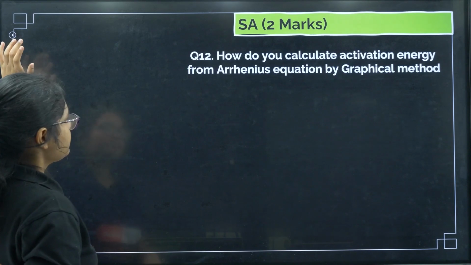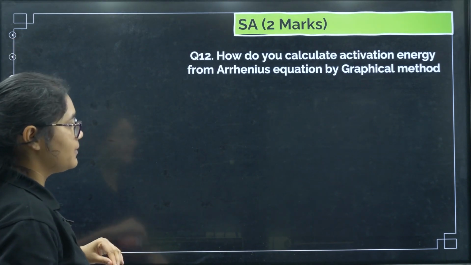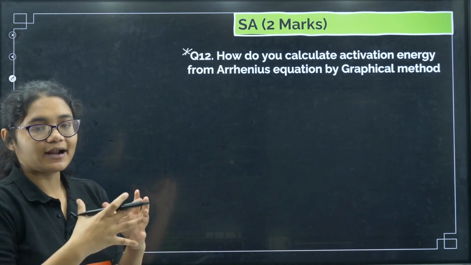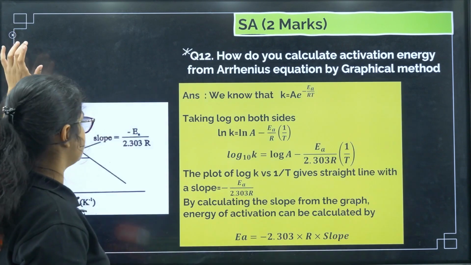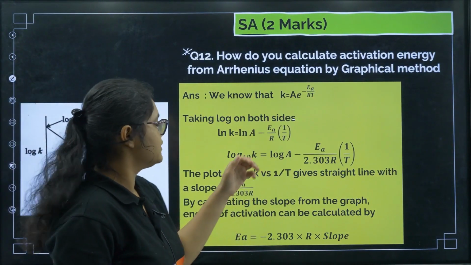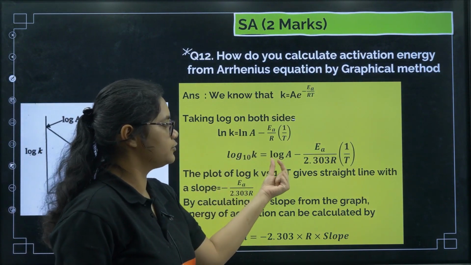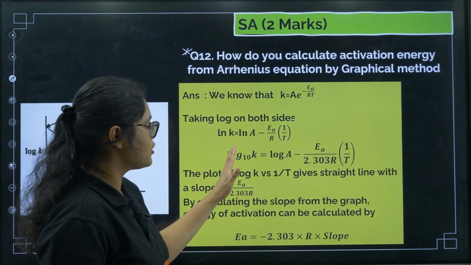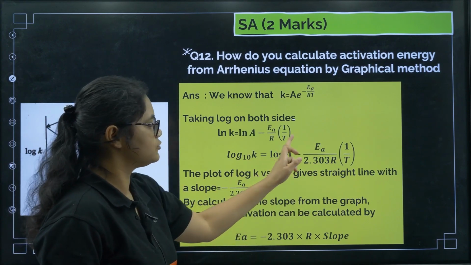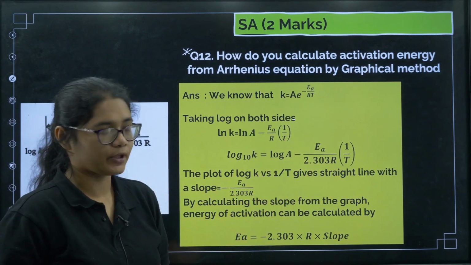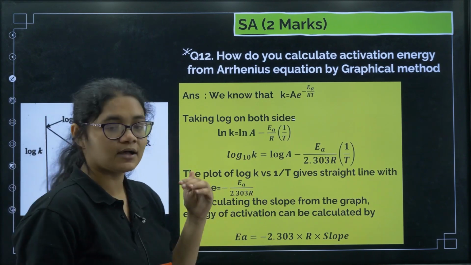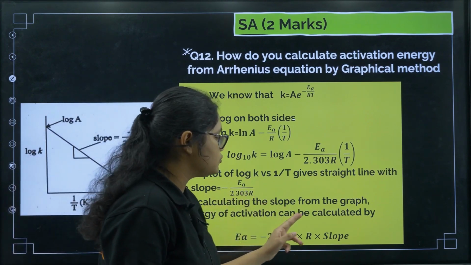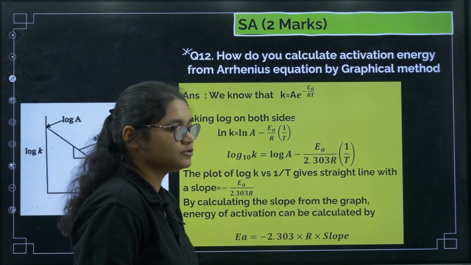Next, how do you calculate the activation energy from the Arrhenius equation by graphical method? This is an important question. If I write the Arrhenius equation in terms of log, then I get log K is equal to log A minus EA by 2.303 R into 1 by T. Now the plot of log K versus 1 by T gives us a straight line with a negative slope of minus EA by 2.303 R. By calculating the slope from the graph, the energy of activation can also be calculated.